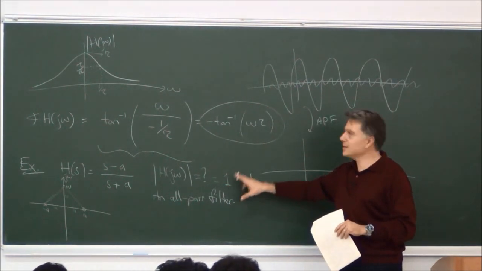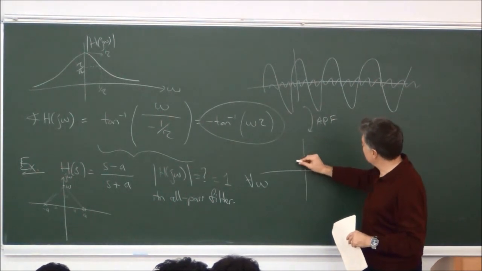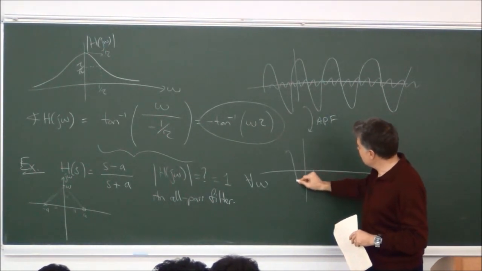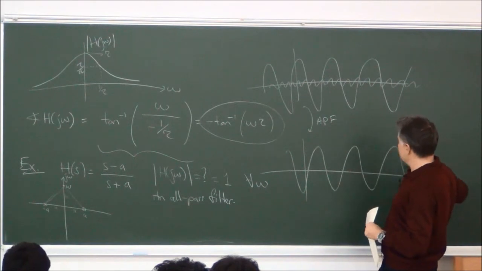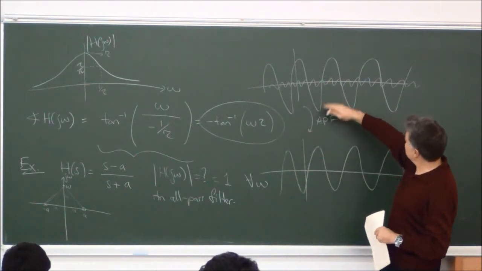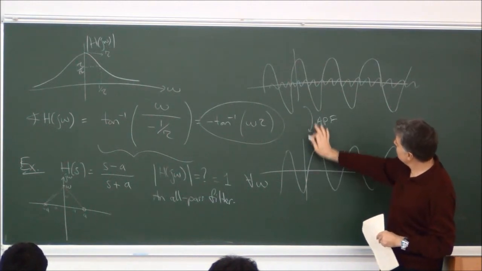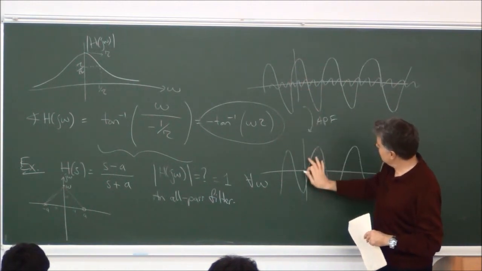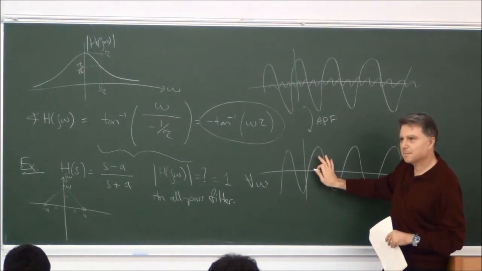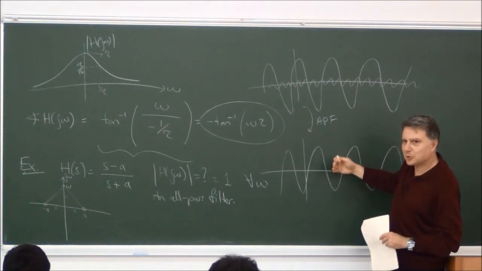Which means the phase of this thing will not be like that anymore, but it will be, I don't know, probably something like this. So what is the difference between this large sinusoid and this sinusoid? This sinusoid is, with respect to that, shifted towards the right a little bit. But the magnitude didn't change.